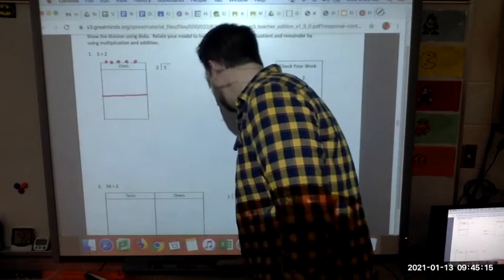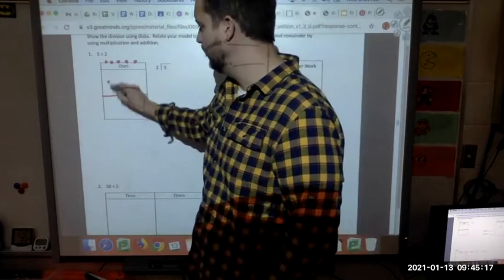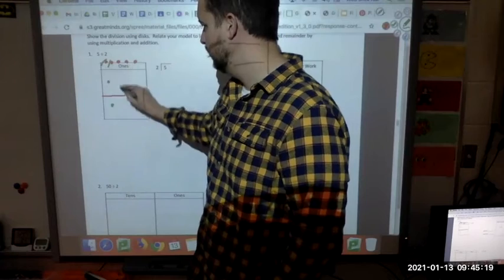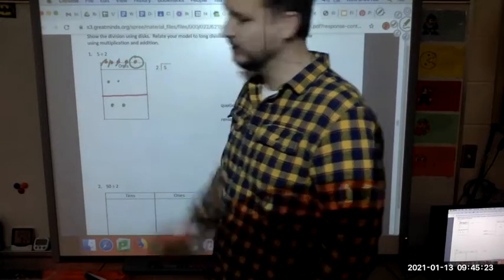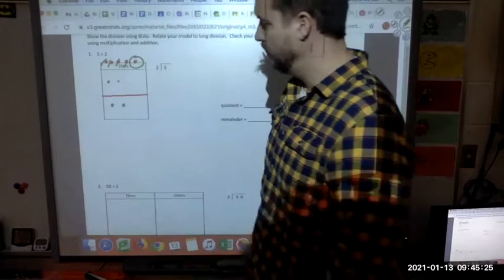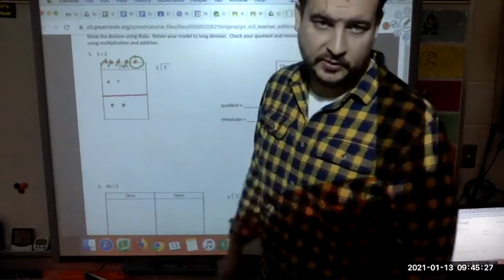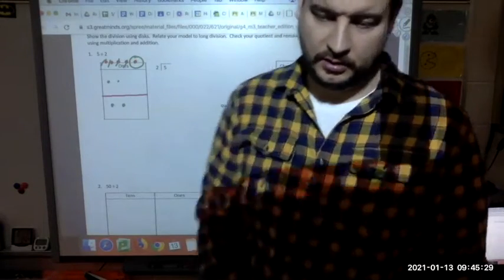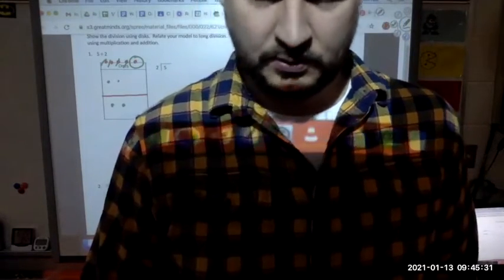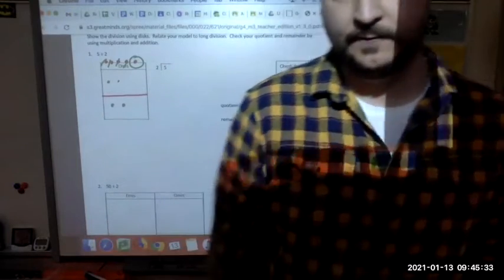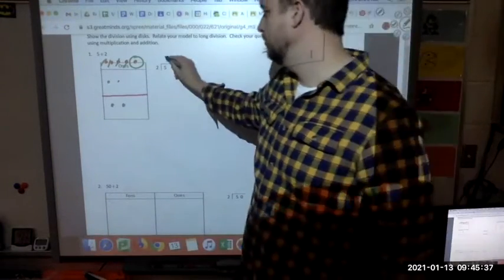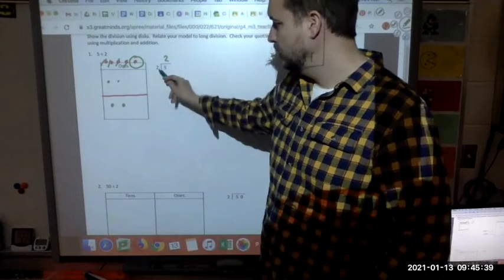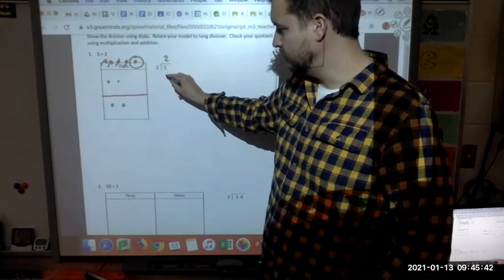I'm going to share 1, 2, 3, 4, and there's 1 left over. Whatever's in one group is my quotient. There's 2, right? 2 is my quotient. 2 times 2 equals 4.